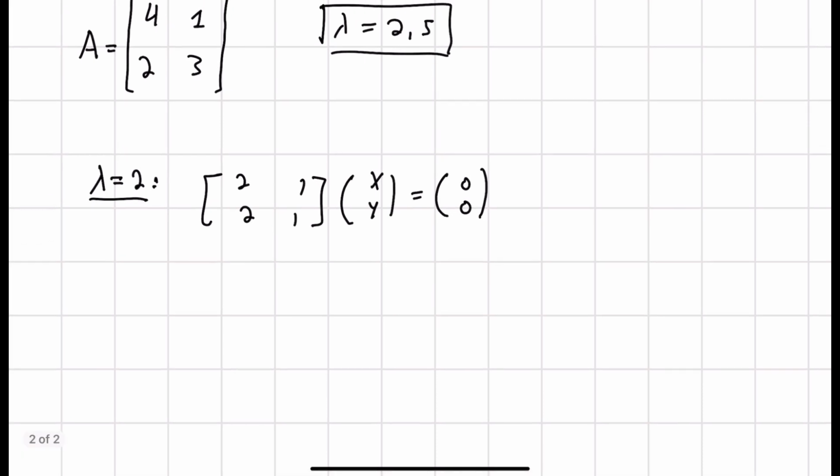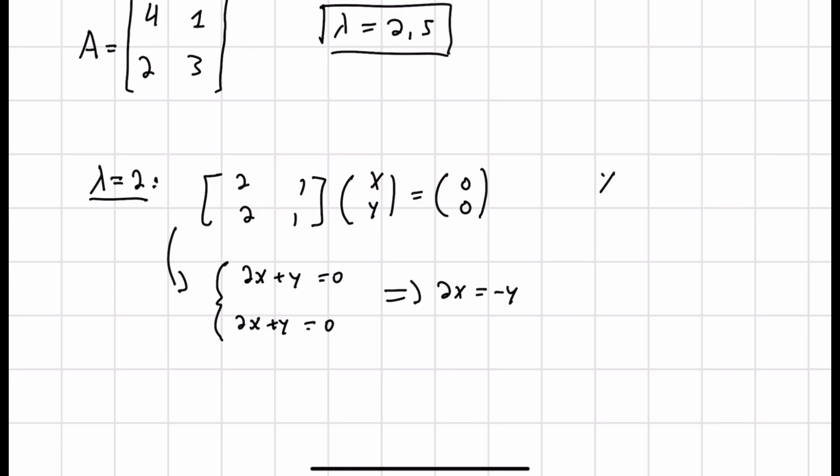So this will give us this system, where our first equation is 2x plus y equal to 0, and our second equation is also 2x plus y equal to 0. And since these equations are the same, we know that 2x is equal to minus y. And now let's find our first eigenvector. So let's just choose x equal to 1.